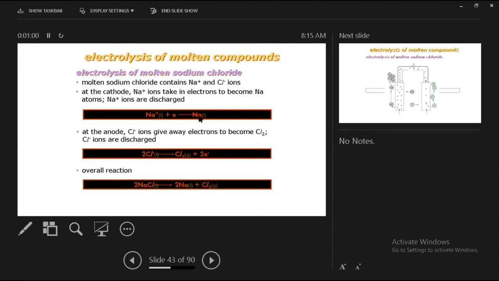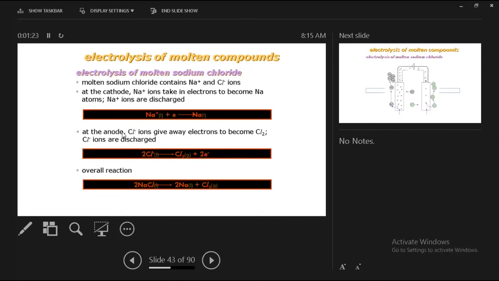So Na+ plus an electron will give you Na. At the anode, Cl- will move towards it, and it will be oxidized, and it will form chlorine.